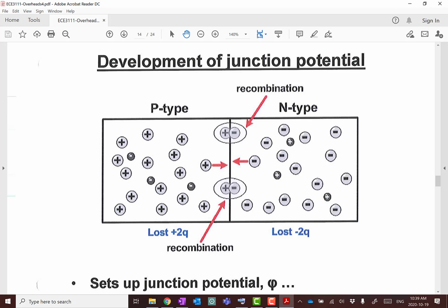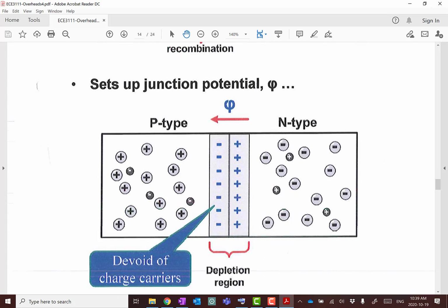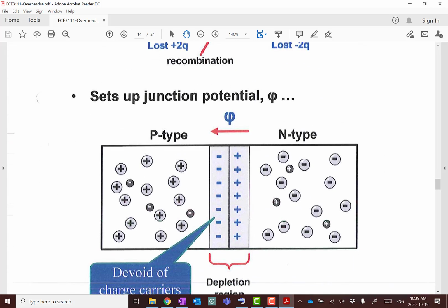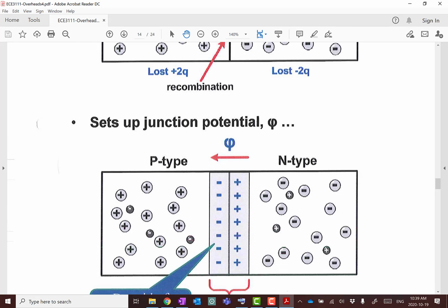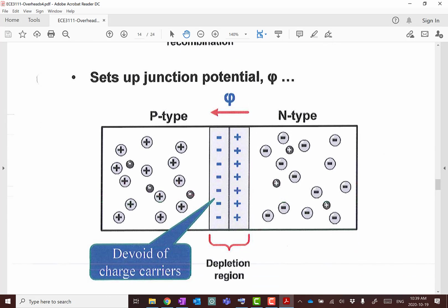As they diffuse, some of those will recombine in the junction area, and due to that recombination, we get an area of no charge carriers and also a junction potential.